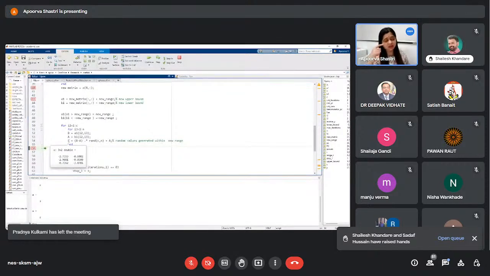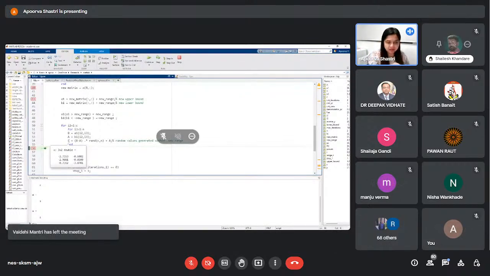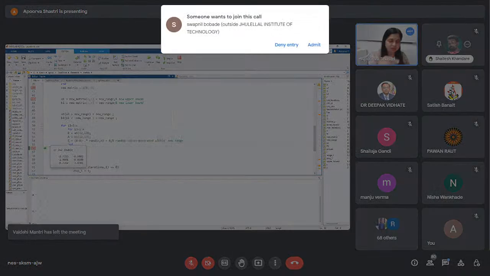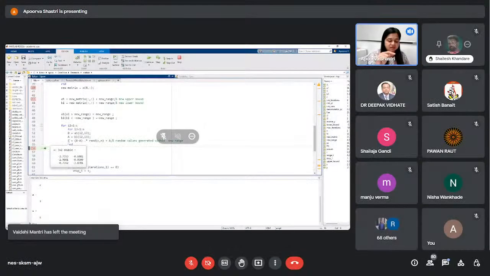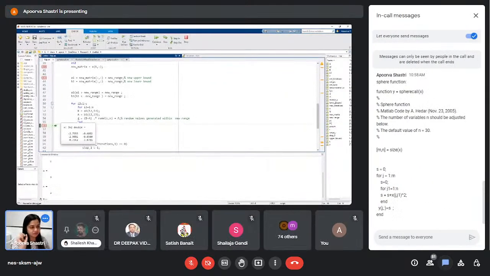Otherwise, you will get a new answer every time and you won't understand what happened. So x value initialization should be out of the loop of number of iterations. And this is the x which is overwritten every time at the completion of the first iteration, second iteration, third iteration, and this is how the range is reduced.